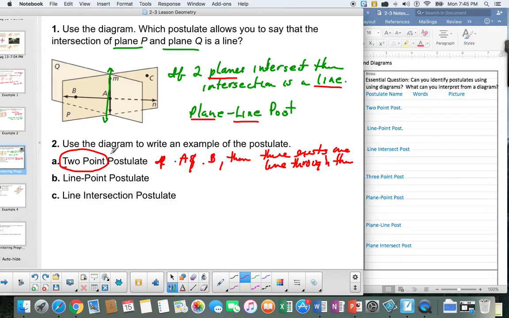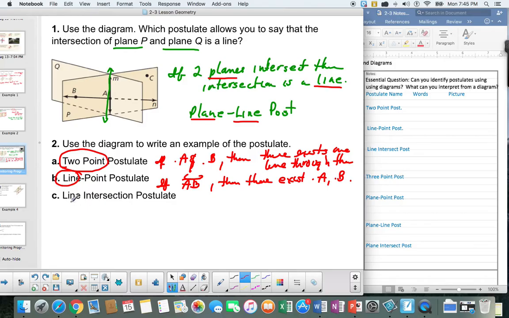That's what the 2-point postulate says. Now B says the line point postulate. You're starting off with a line. So if you have line AB, then there exist point A and point B on the line.